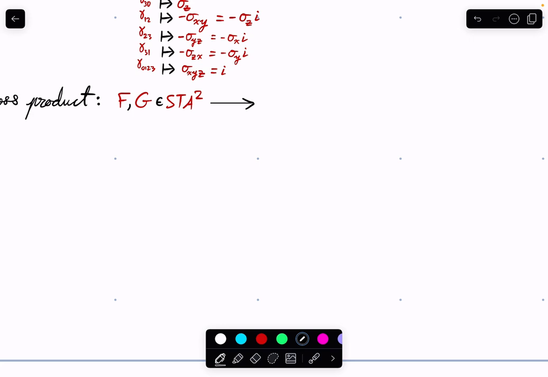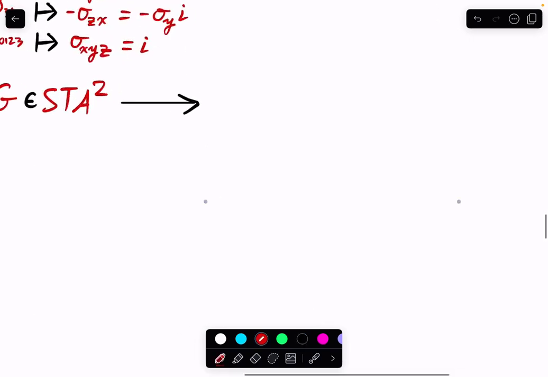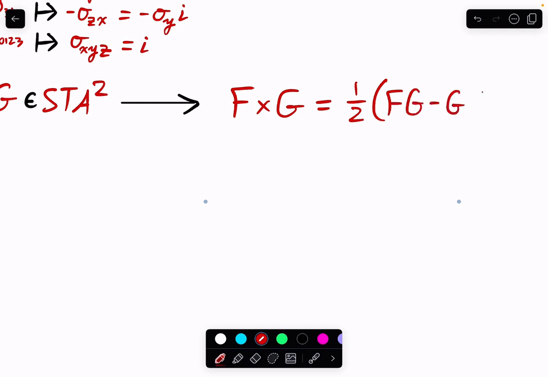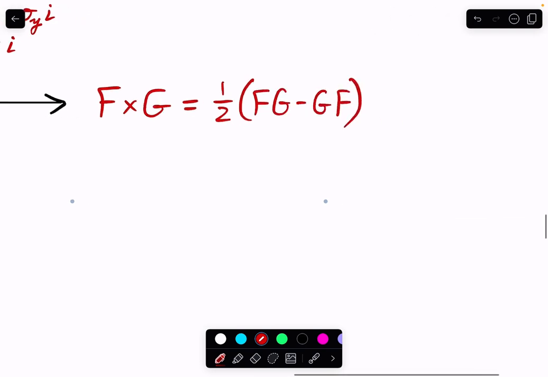Then their cross product, if you recall, was defined as f cross g, which is equal to 1/2 (fg minus gf) I inverse.